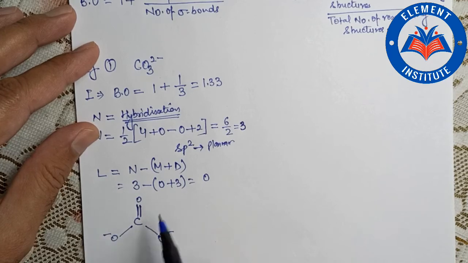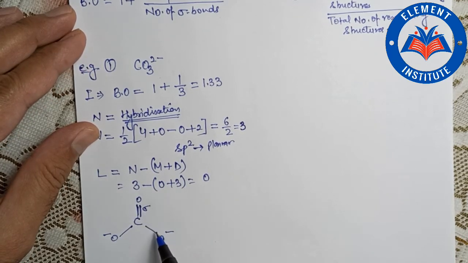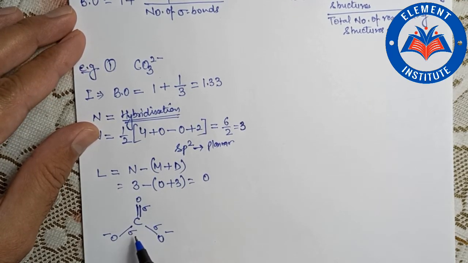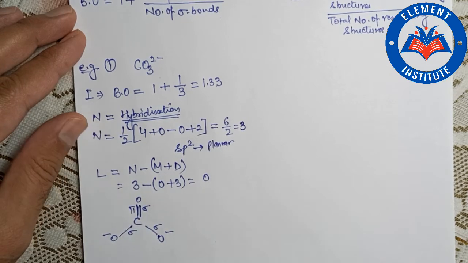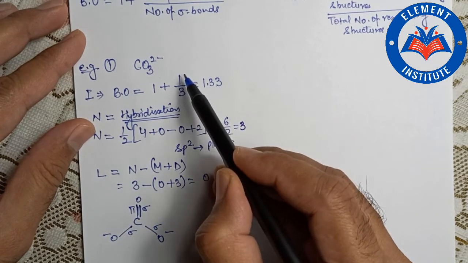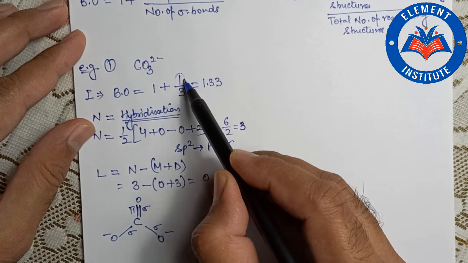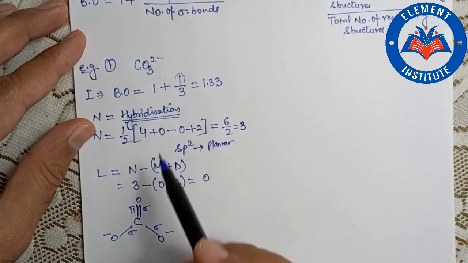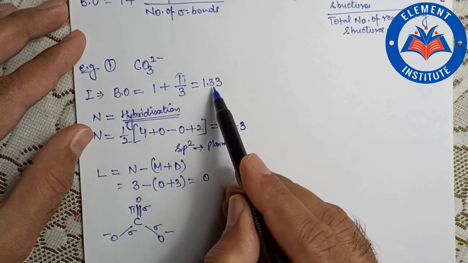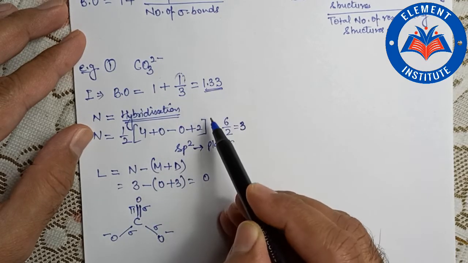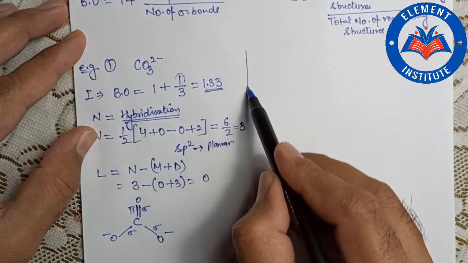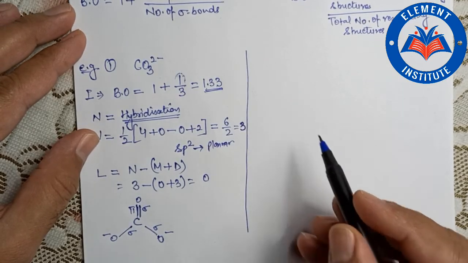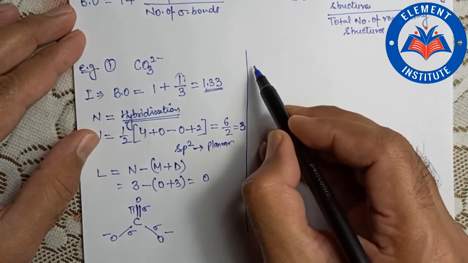So in this molecule there is 1 sigma, 2 sigma, 3 sigma and 1 pi bond. So the number of pi bonds is 1 and the number of sigma bonds is 3. So the bond order is 1.33.